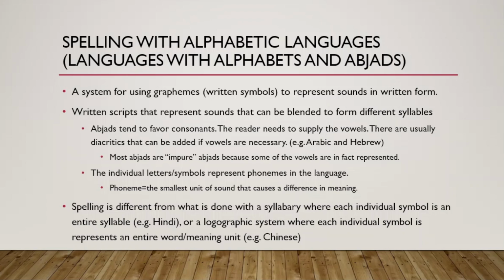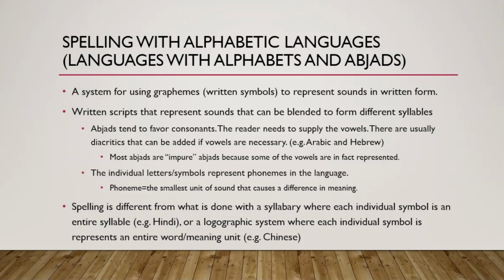For example, Japanese has several writing systems combined into one, but it has, for example, a symbol for ka, ko, ki. Those are three different symbols. So one symbol represents the ka sound, for example, whereas in another language there would be a symbol for the k and a symbol for the a.